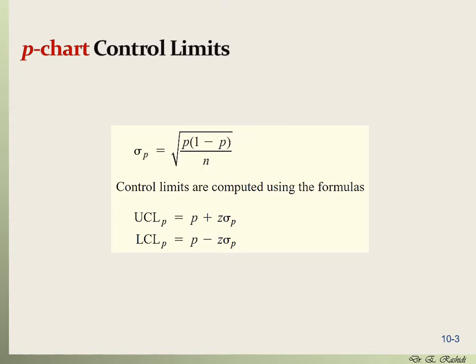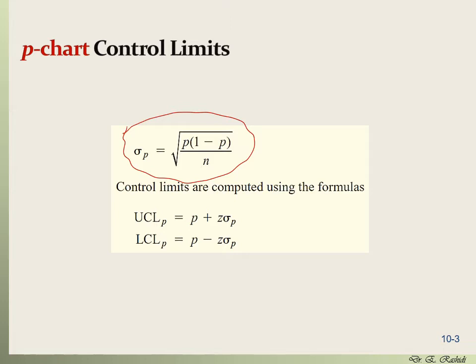Similar to control charts for variables, the control charts for attributes also have a lower bound and upper bound. This is the formula to compute the control limits for the P chart. This is the standard deviation of proportion P. That's the square root of P multiplied by 1 minus P, divided by N. N is the number of observations in the sample and P is the proportion.